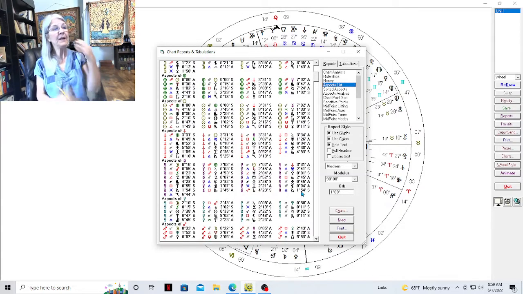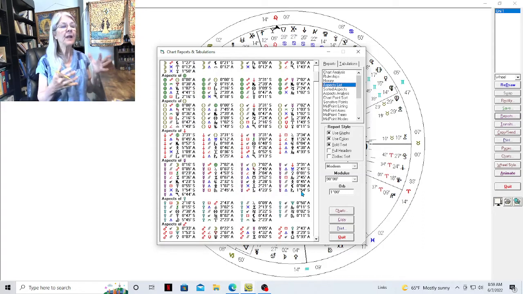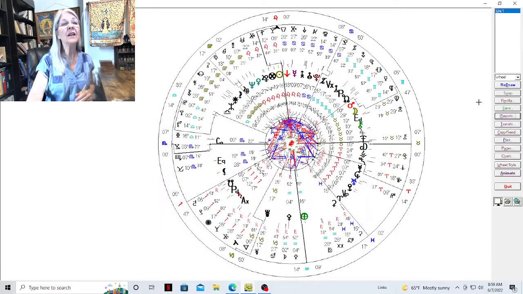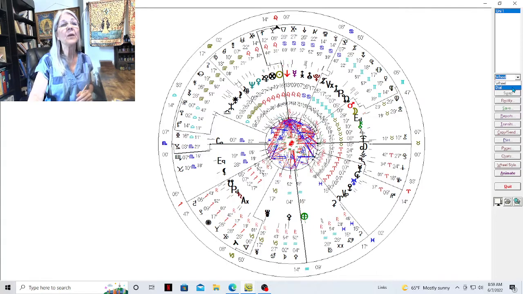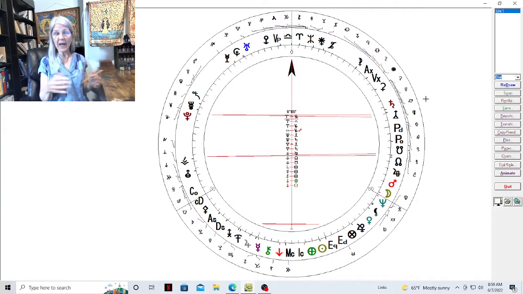Okay, but inflamed brains can be a lot of different things. I've seen inflamed brains, not this configuration, but something similar that actually, to me, led to eating disorders, for example. So it doesn't have to lead to dementia or Alzheimer's. That would depend upon the rest of the chart, including those asteroids. So I'm not going to spend a lot of time on that. I just wanted to explain how we see that.